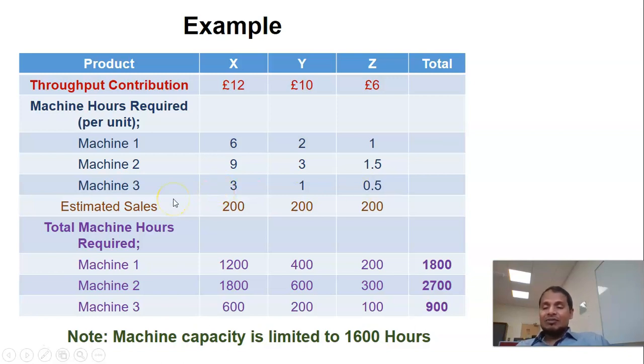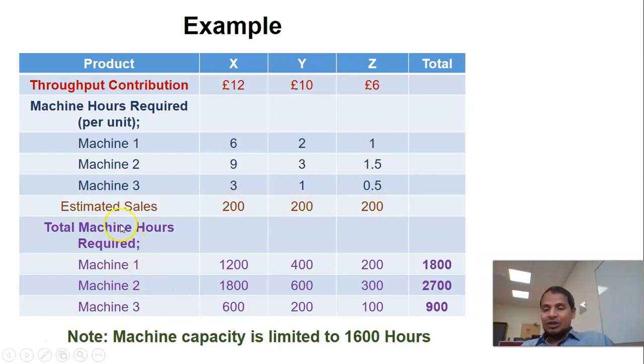Estimated sales. The organization is expecting to sell 200 units of each product, X, Y, and Z. So what are the total hours the organization needs to produce 200, 200, and 200 of each of these products?